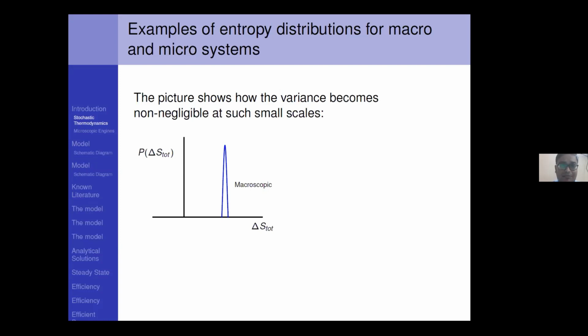That builds an ensemble, and we are trying to build a histogram of the probability of the entropy generated in each of these experiments. Now, typically, what we will find for a large system is that every time we get the same value. No matter how many times we perform this experiment, every time we get a single value of total entropy. The fluctuations are negligible in this case.